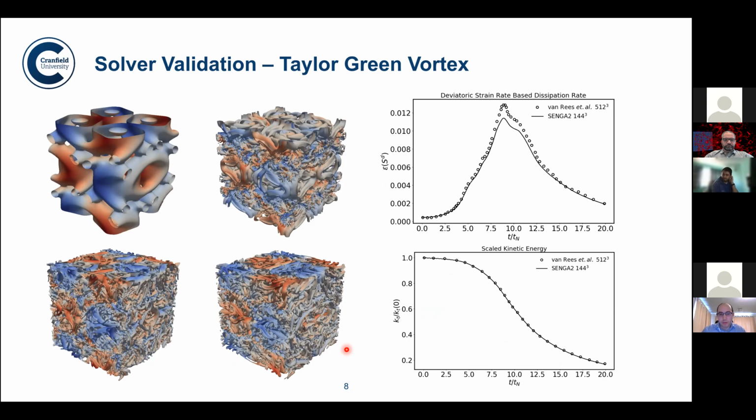As a quick illustration of the high order benefit, with a Taylor-Green case, even with 144 cubed relative to the reference, a spectral code on 512 cubed, its performance is relatively good.